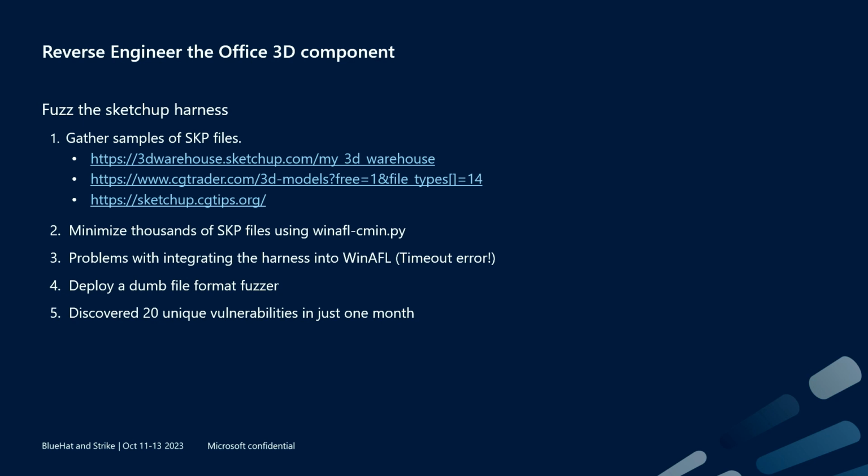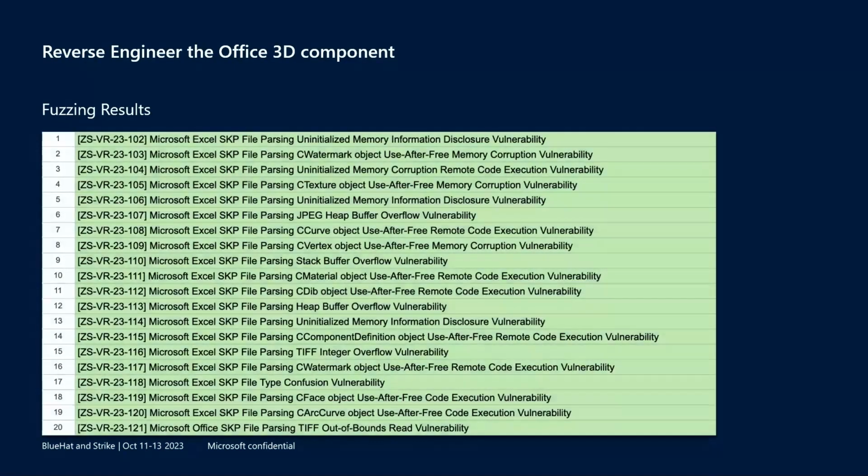And this approach led to impressive results, and we uncovered 20 unique vulnerabilities in just 1 month through fuzzing this harness. Here is the fuzzing result.